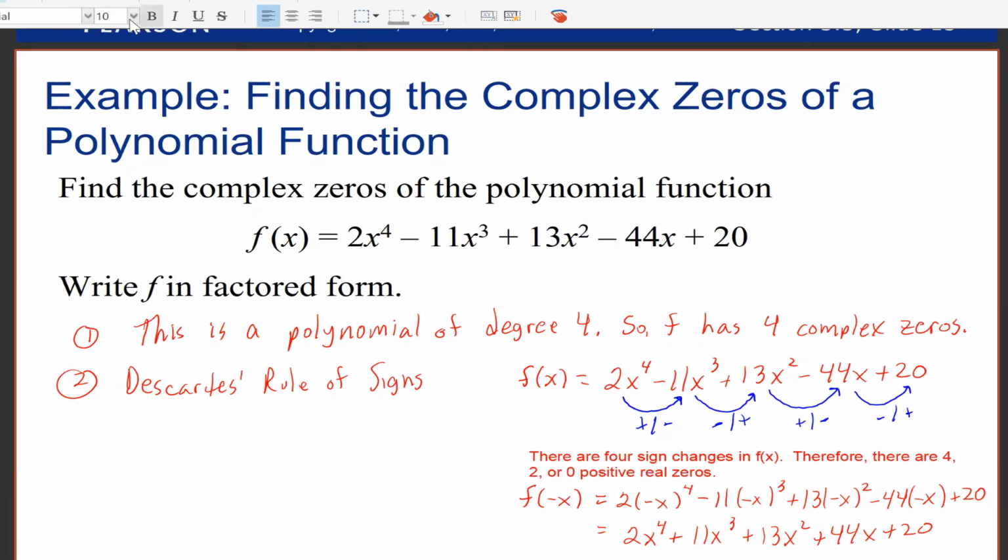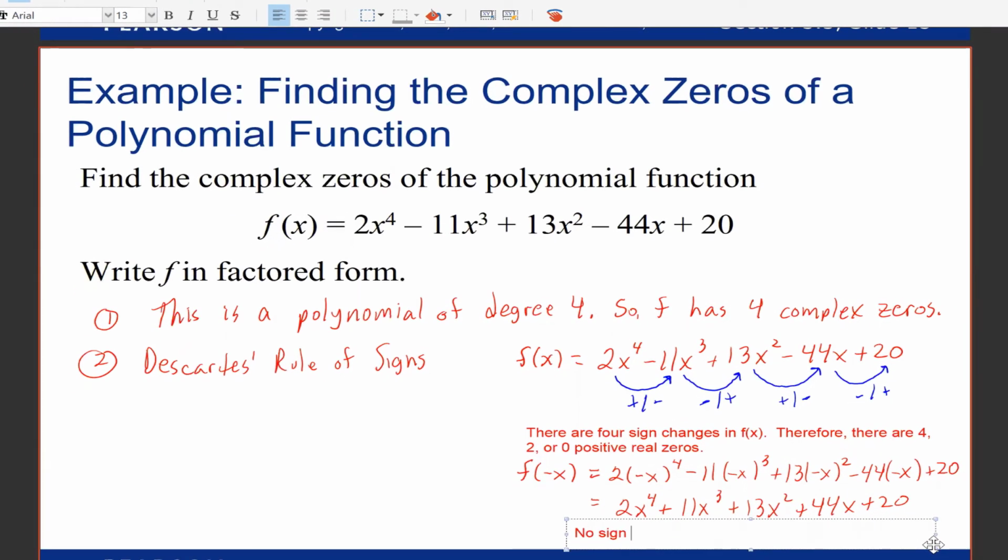Notice that all of my coefficients are positive, and so there's no sign changes at all. Therefore, there are no negative real zeros. I don't have to worry about negative real zeros at all for this function.